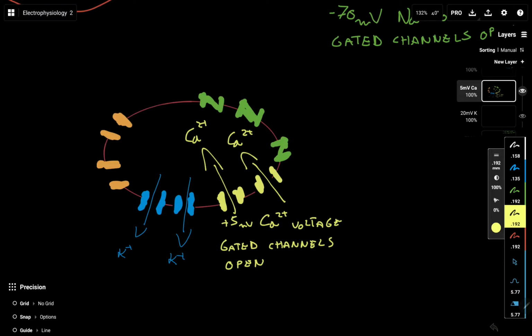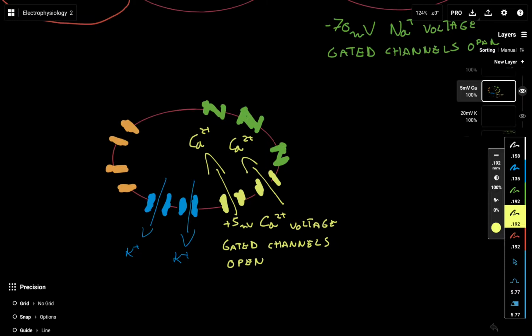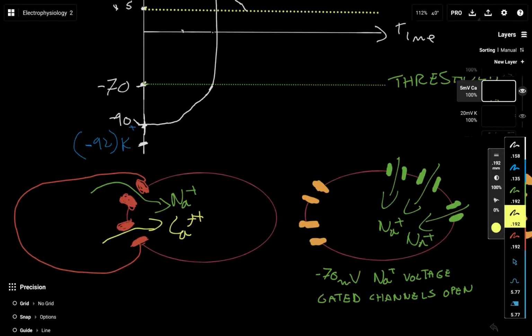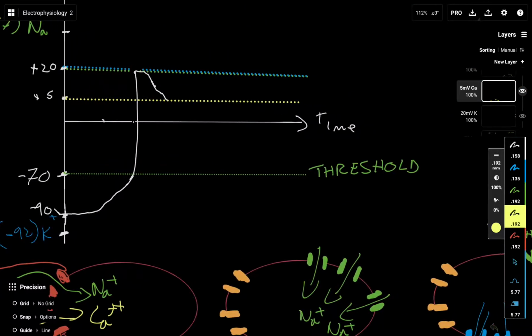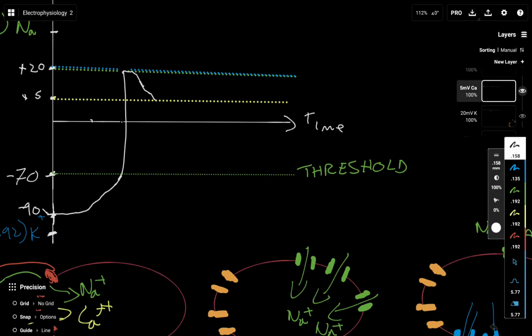If I've got positive charges leaving and positive charges entering the cell, what's going to happen to my action potential? They're going to balance out, aren't they? So I'm going to get some sort of plateau phase. The charges balance out and form a straight line in my action potential.